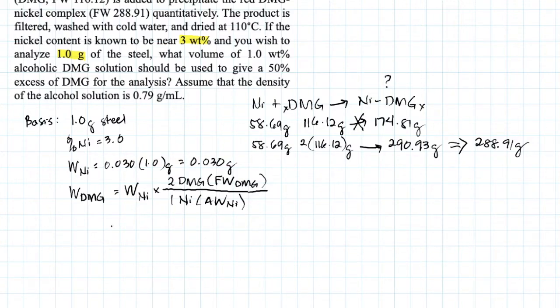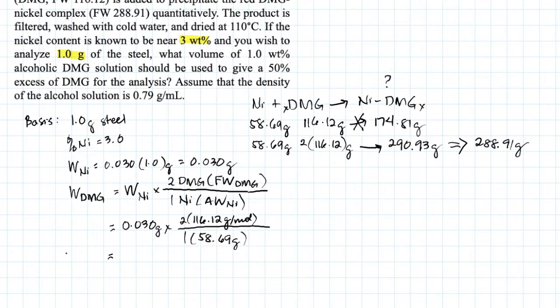Okay. Substituting the values, we get 0.030 grams times, you have 2 moles of DMG multiplied by its formula mass, 116.12 grams, divided by 1 mole of nickel multiplied by its atomic weight, 58.69 grams.